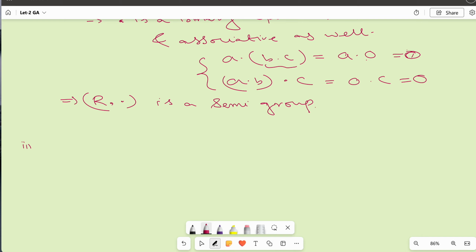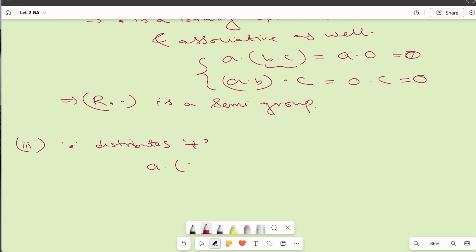The third property is such that dot distributes over plus. Dot distributes over plus, so it is quite trivial. It's the same thing whatever I have written.